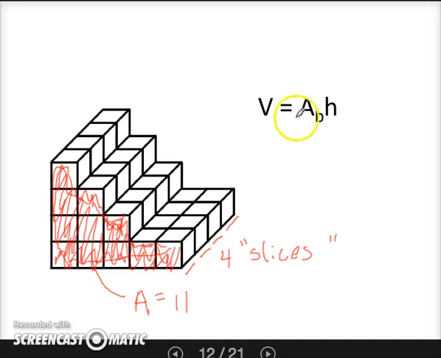So the volume is actually going to be the area of one of the bases, which we've calculated here, times the height, which is just how many slices, in this case 4. So in this case, the height is running in a back and forth direction because the height is simply defined as the number of slices or the length of the lateral edges.